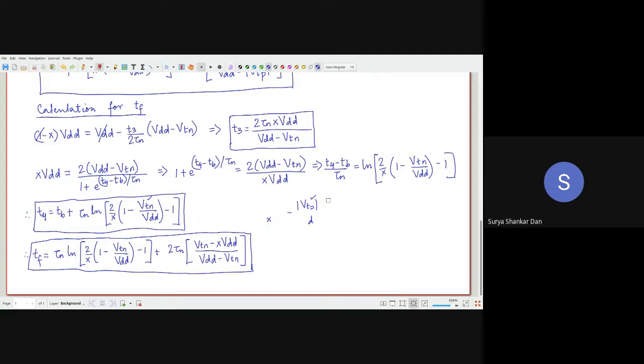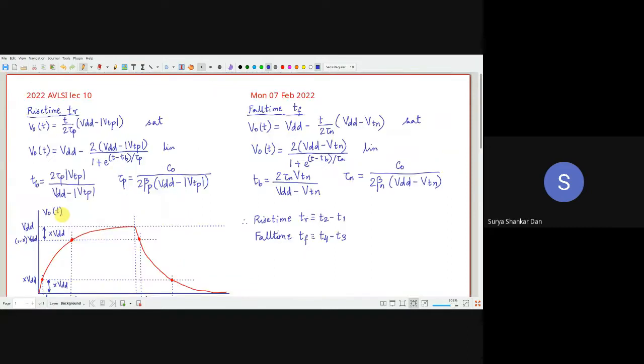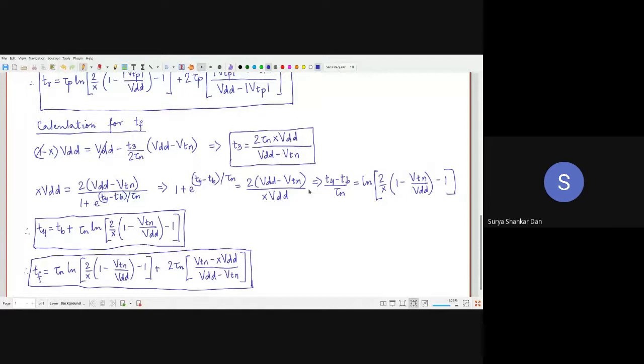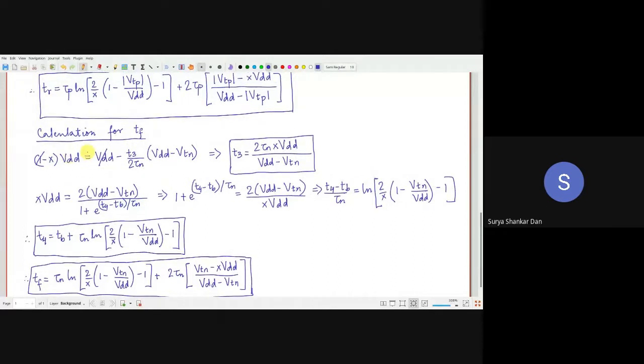So it's exactly similar. So finally, what is the expression for TF? Again, replacing TB by the value of the instance of the linear saturation boundary which we had obtained in our previous lecture, we end up in the same kind of expression for TR. Clearly, if we can somehow make tau p equal to tau n and mod of VTP equal to VTN, you are going to have the same values of TR and TF.